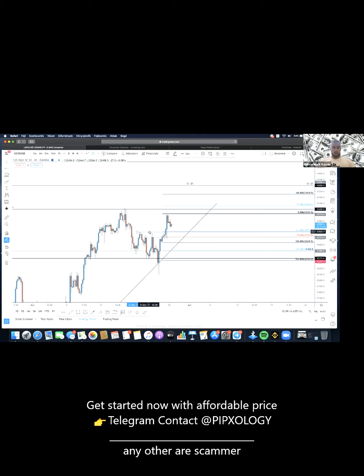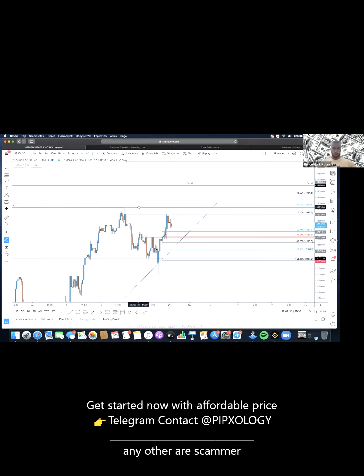If the price comes back to this level, makes some rejection and creates a lower time frame entry, we can look into taking a long, and we can target first the previous high. The H4 minus 27 is almost at the previous high level.